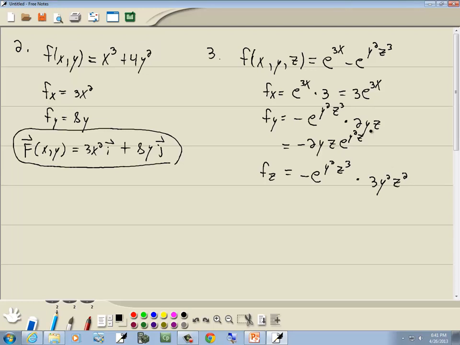Let me come up here and double check this. Okay, partial with respect to y, 2y z to the third. Okay, so then that'll be z to the third there. Okay, partial with respect to z. Okay, so that gives us negative 3y squared z squared e to the y squared z to the third.